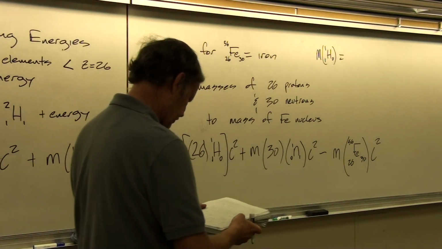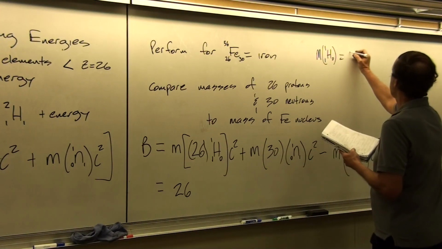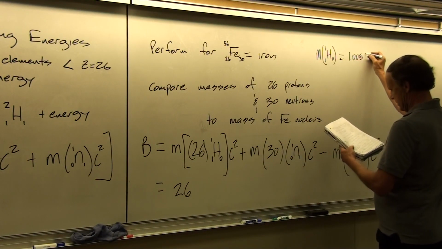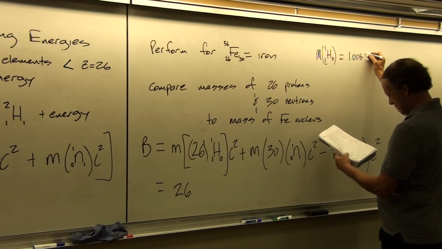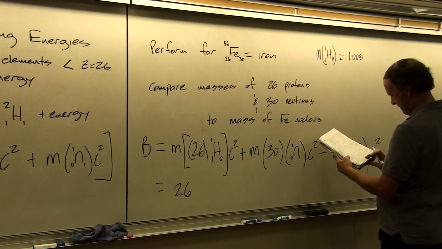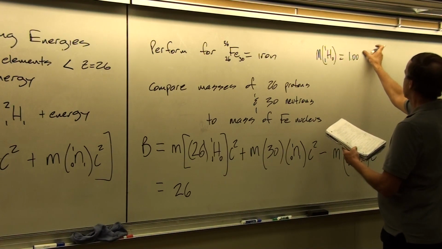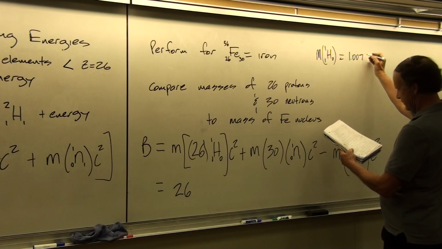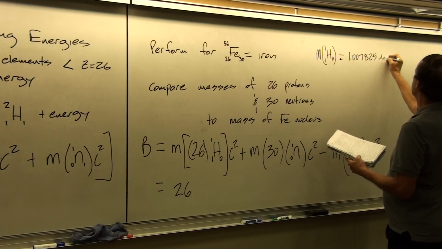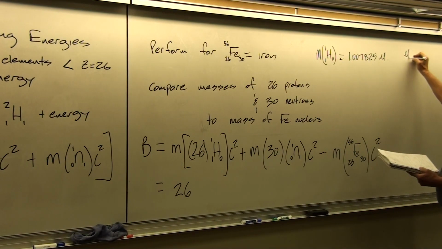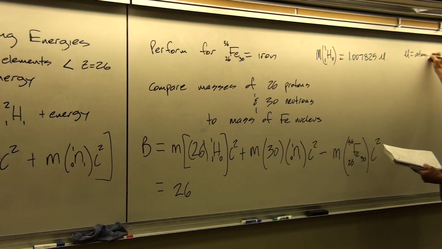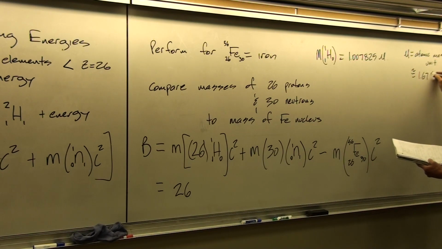The mass of the hydrogen is 1.007825 u, where u is called our atomic mass unit, and it's approximately equal to 1.67 times 10 to the minus 27 kilograms. So everything's written in terms of atomic mass units.